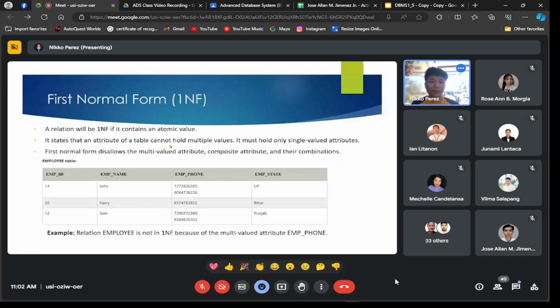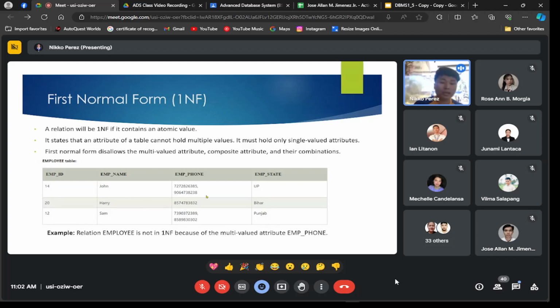Okay. If we check our employee table, we identify that there are three employees: John, Harry, and Sam. And in their attribute employee phone number, we notice that John has two phone numbers, right? Because in reality, a person may have two phone numbers.